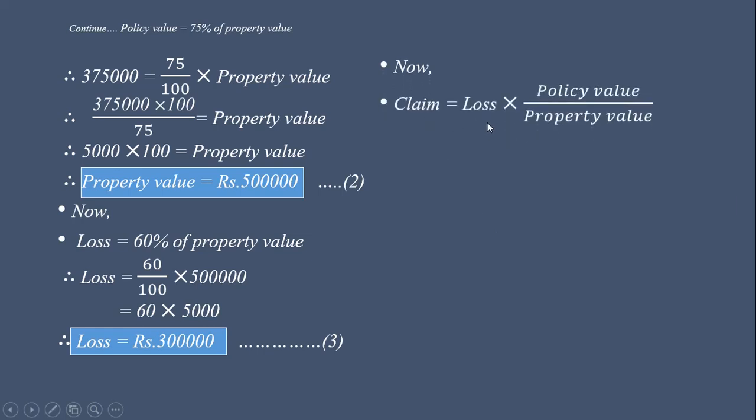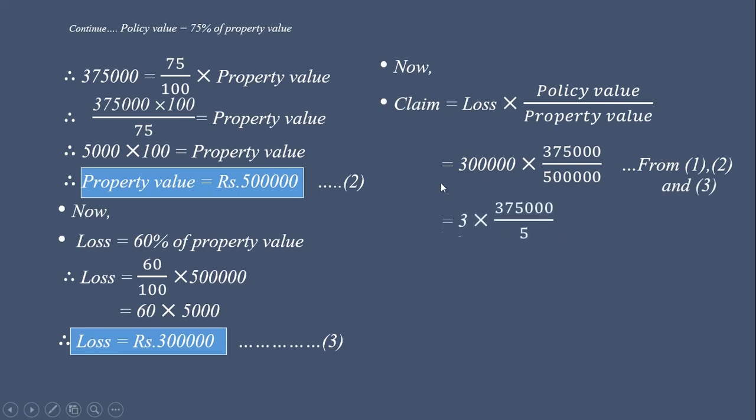Claim is equal to loss into policy value upon property value. Only we have to substitute these values. Loss rupees 3 lakh into policy value 3,75,000, property value 5 lakh. Now cancelling these 5 zeros, we get 3 into 3,75,000 upon 5.